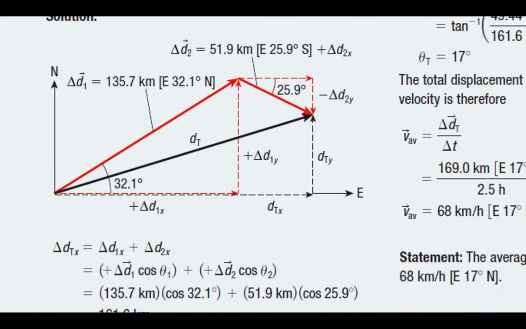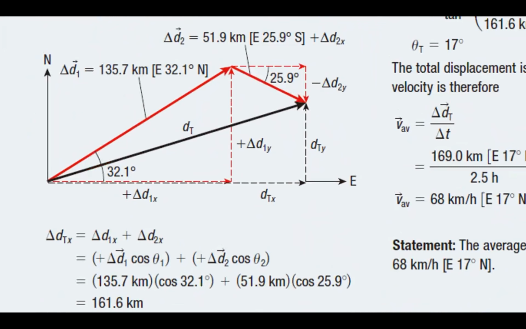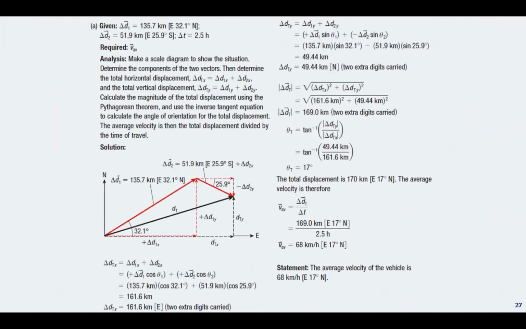Okay, so we can draw a diagram like this. The longer vector here is our delta d1, and the shorter vector here is delta d2. Then using vector addition, first of all, we need to resolve these two vectors into the x and y axis, right?